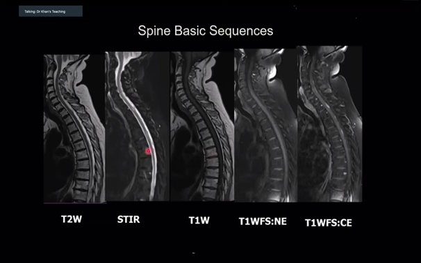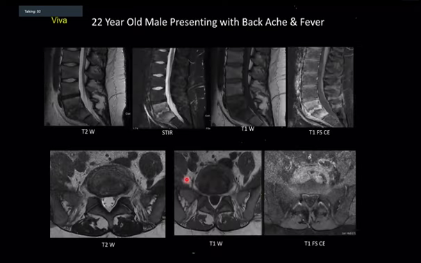Candidate 2, over to you. So I've got multiple sequences through the lumbar spine of a 22-year-old, axial and sagittals.